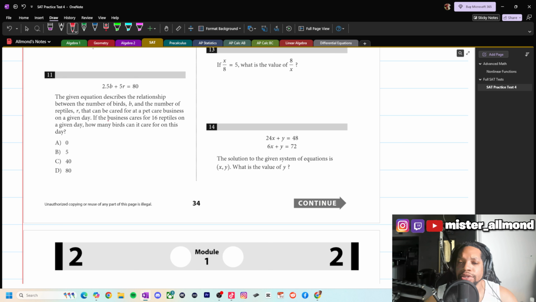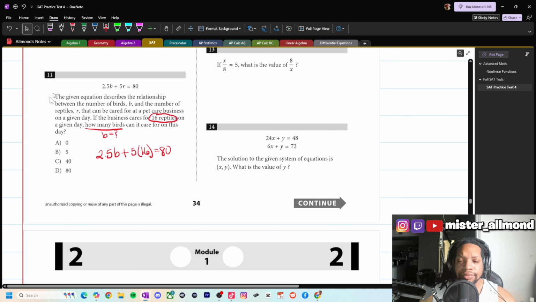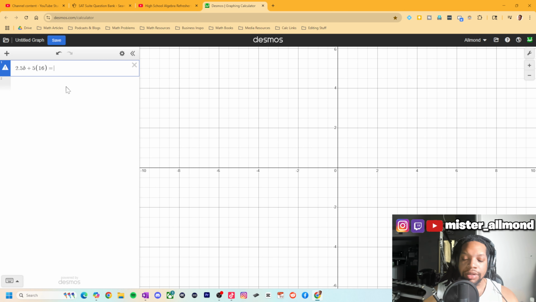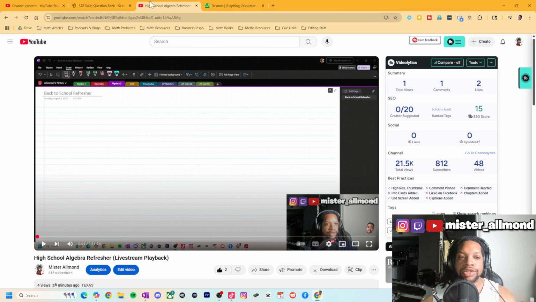Okay, they're telling us that R is the number of reptiles, and it asks how many birds, which lets us know we're trying to find B. They give us an equation to use, so I'm just going to copy that equation, but instead of R, I'm going to put 16 and then solve for B. Honestly, I'm not a big fan of Desmos, but I think you can let it solve an equation for you. Does it solve equations? Oh, I guess not.